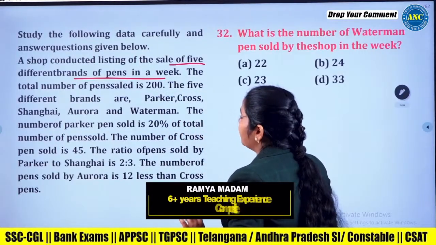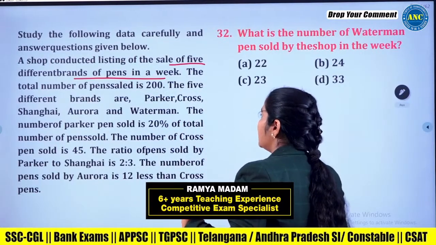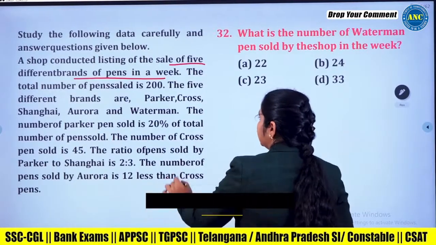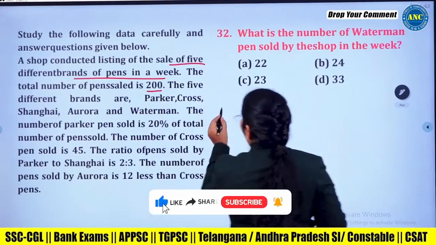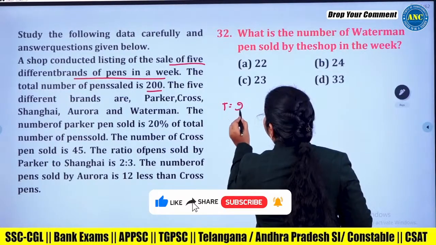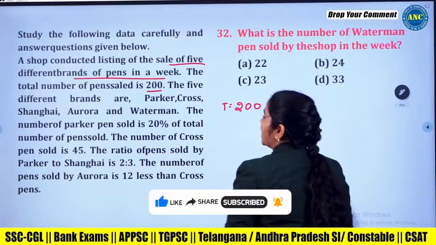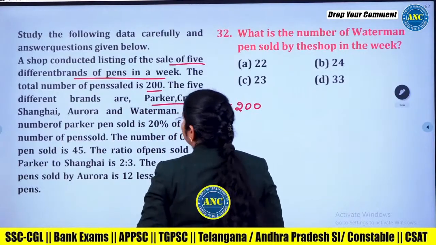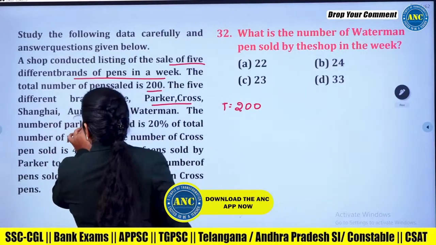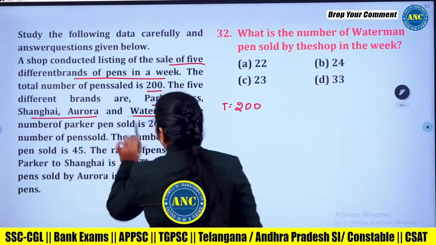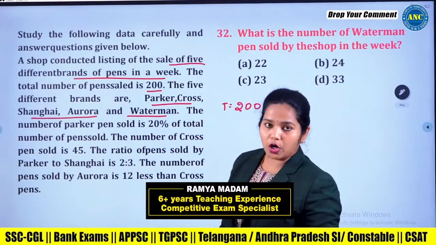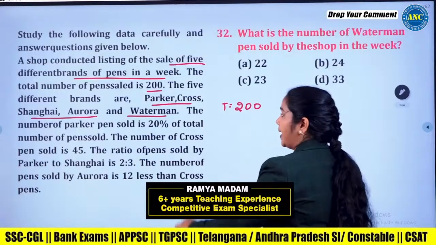The total number of pens sold is 200. So, the total number of pens sold is 200. Fine. The 5 different brands. What are those 5 different brands? Parker, Cross, Shanghai, Aurora and Waterman. Okay. Parker, Cross, Shanghai, Aurora and Waterman.